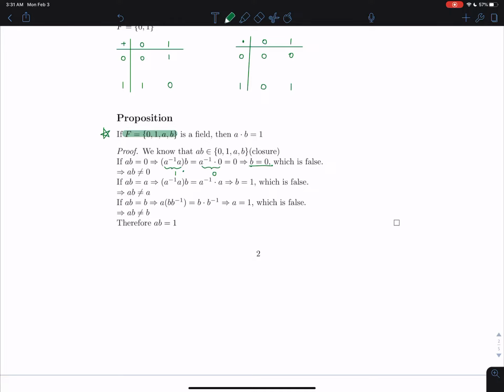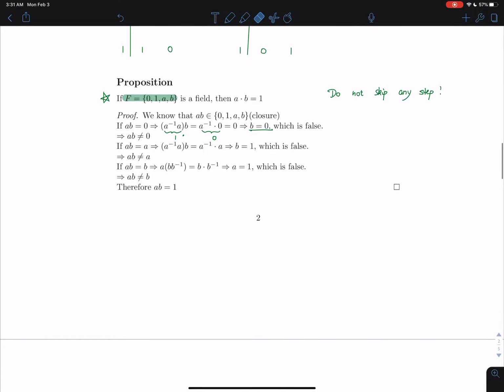Do not skip any step. Really important, so don't do this. I'm doing it because I'm making the video so I can explain each step to you anyway. So we know that b cannot be 0, which is false, which means a times b cannot be 0.